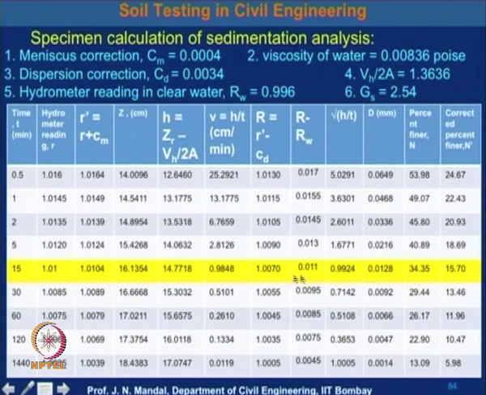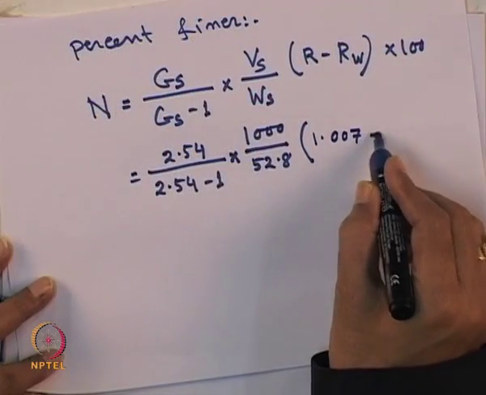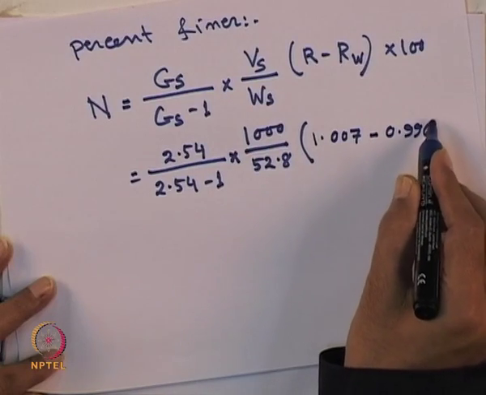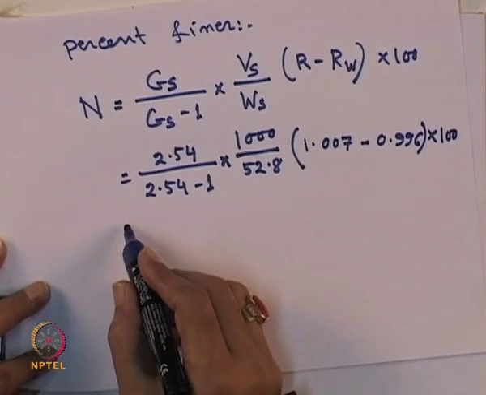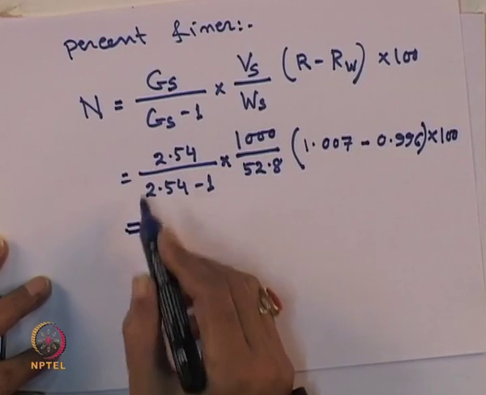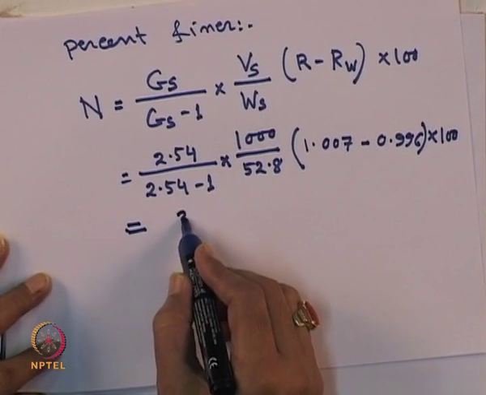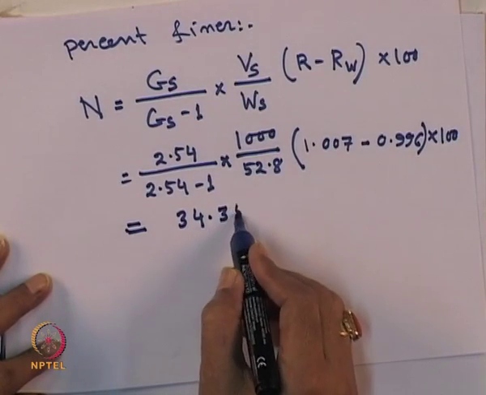So, R minus Rw means 1.007 minus 0.996, this into 100. So, you can determine what the N value should be. So, the N value will be 35.35.